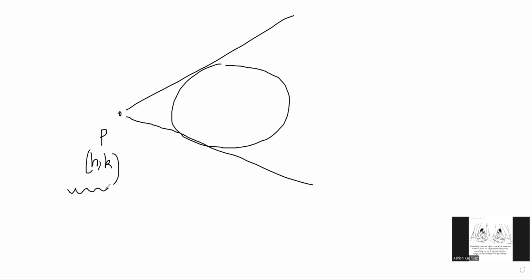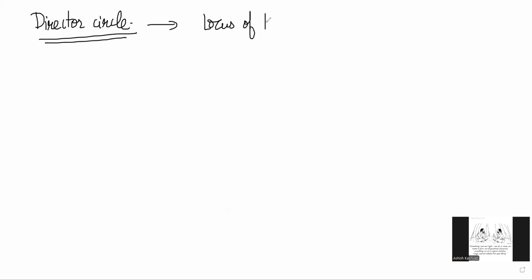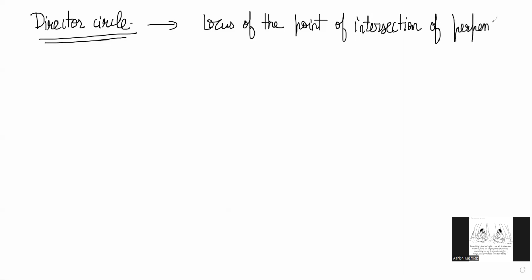Another concept that you need to be aware of here is the concept of director circle. Director circle is basically the locus of the point of intersection of perpendicular tangents to an ellipse.